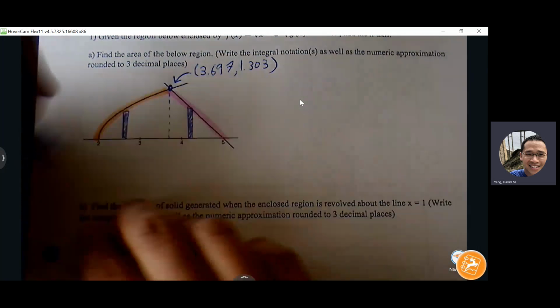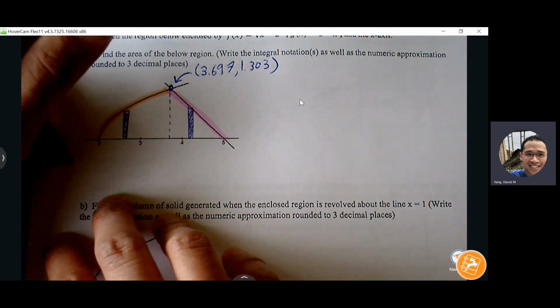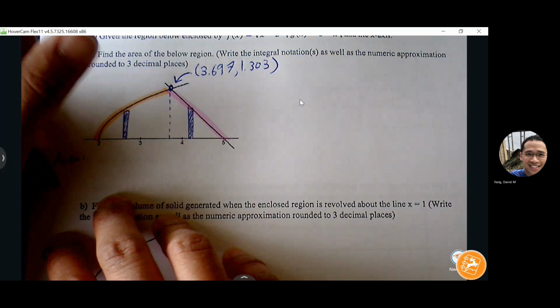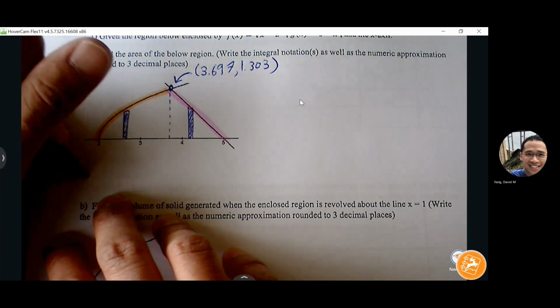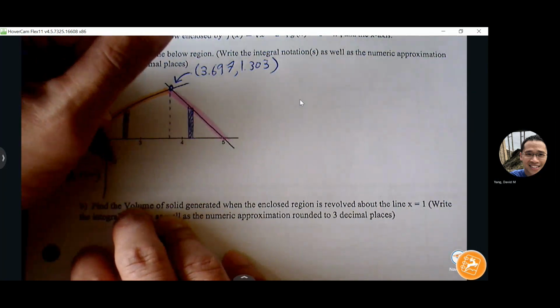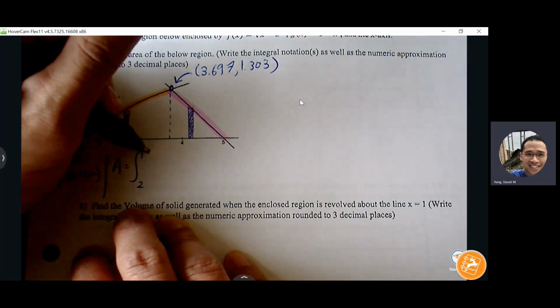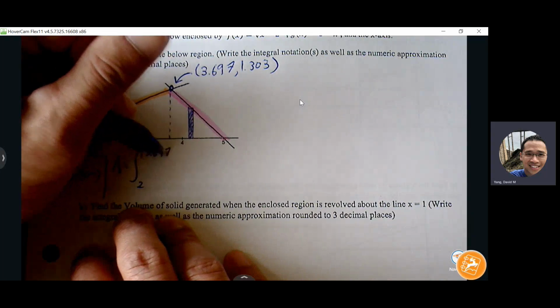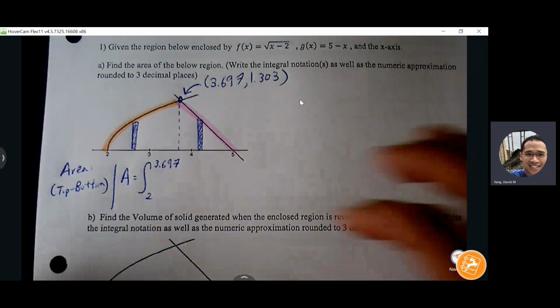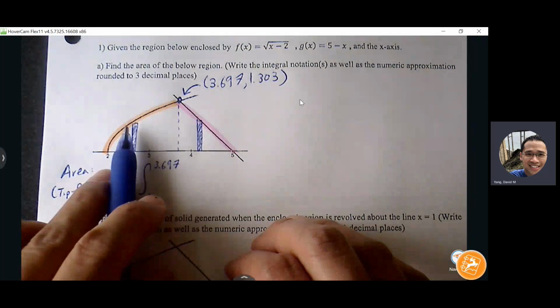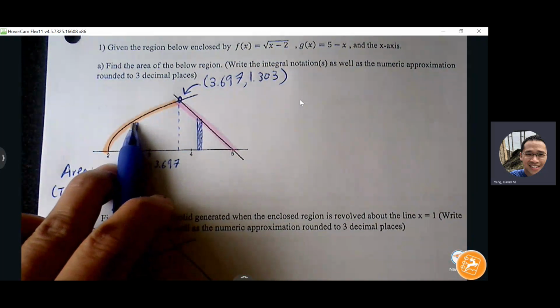Okay, so let's set up our two integral areas. Integral from 2 to 3.697. I'm under that square root graph, so the top of my rectangle is touching the curve.